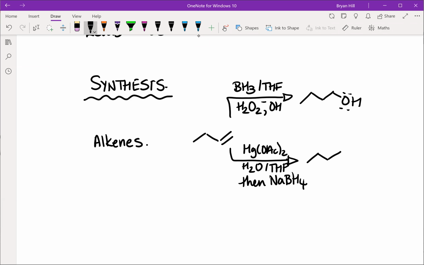So hydroboration gave the anti-Markovnikov, oxymercuration gave the Markovnikov. So those were 2 different ways of making alcohols from alkenes.